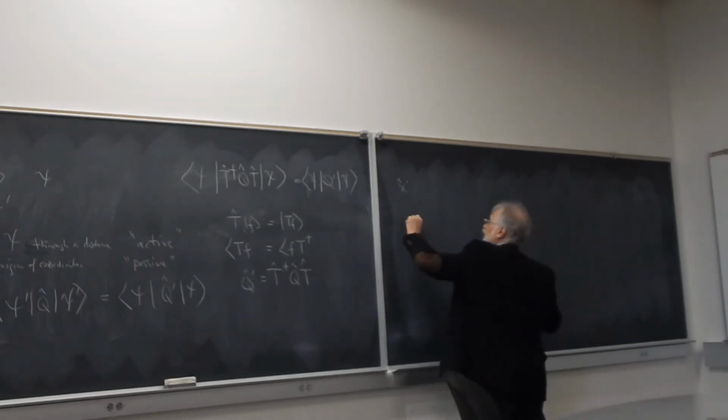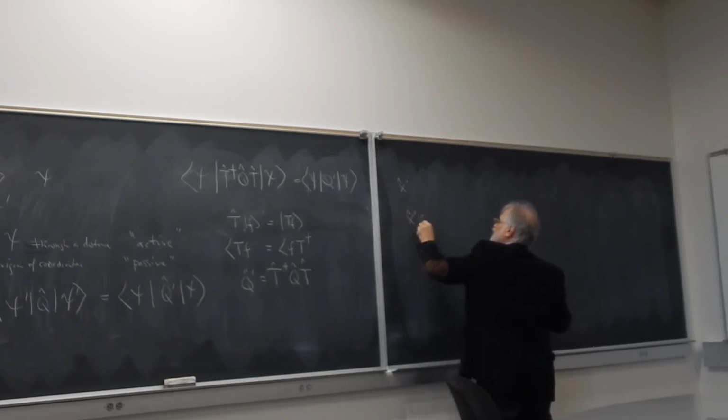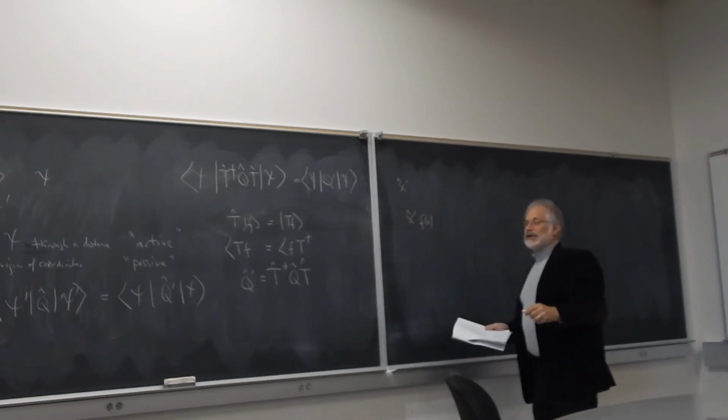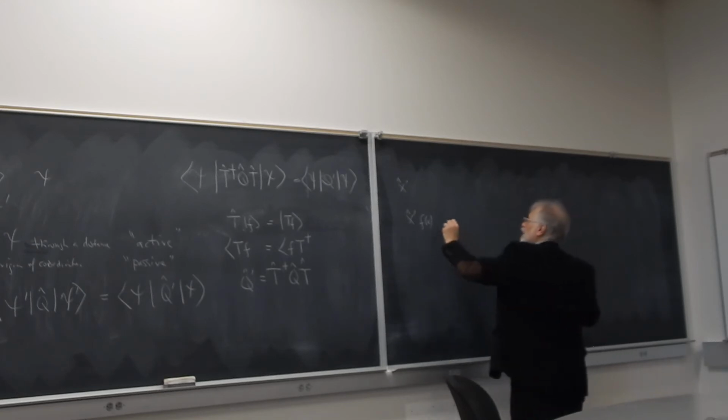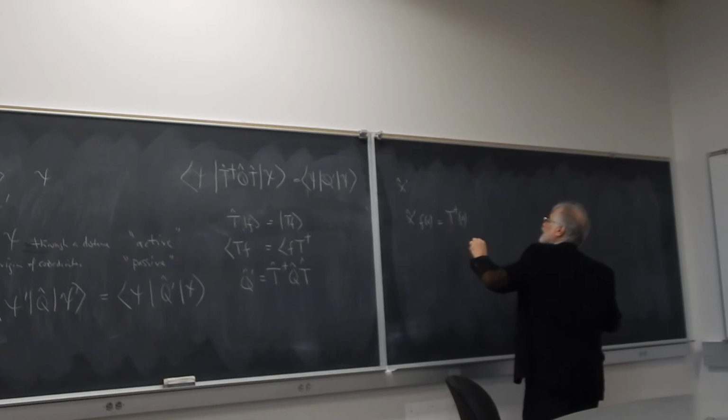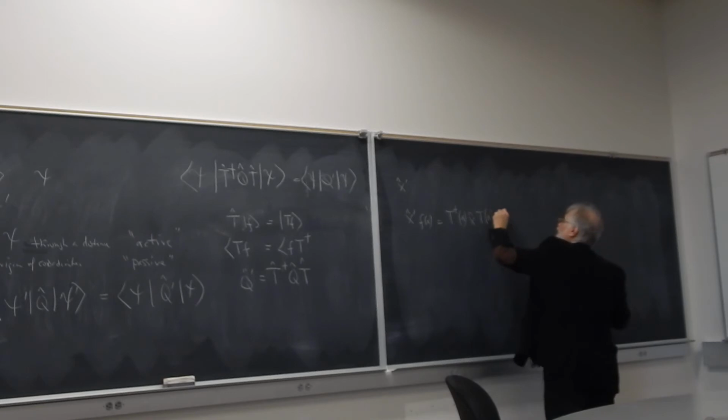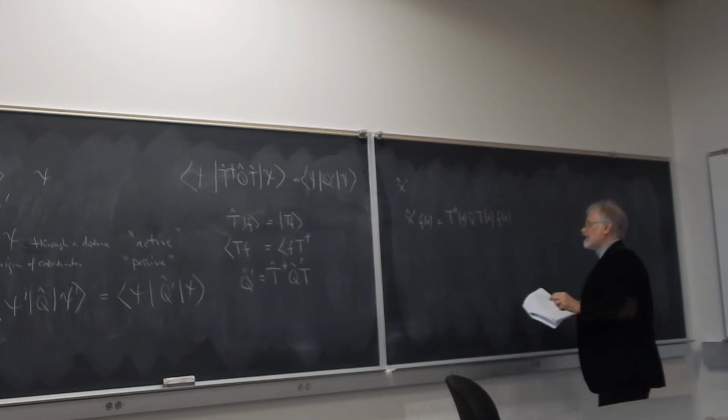In other words, I'm going to operate on my test function with my operator x prime. That would be equal to the Hermitian conjugate of my translation operator times my original operator times my translation operator, all applied to f of x.